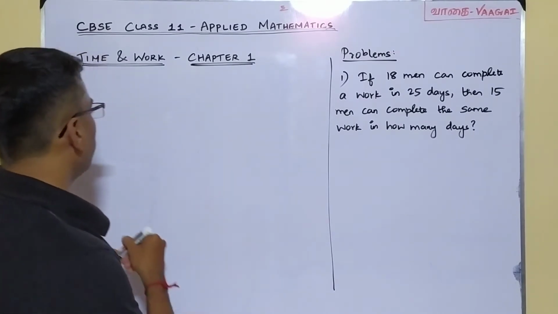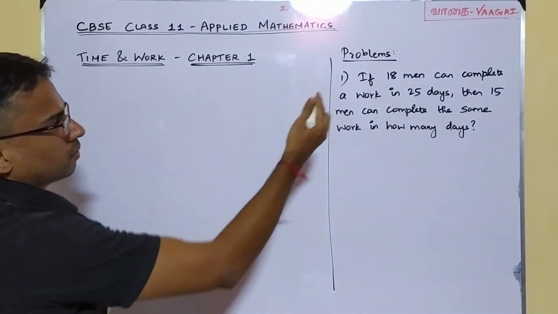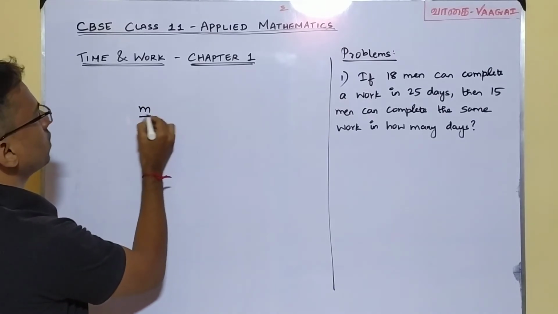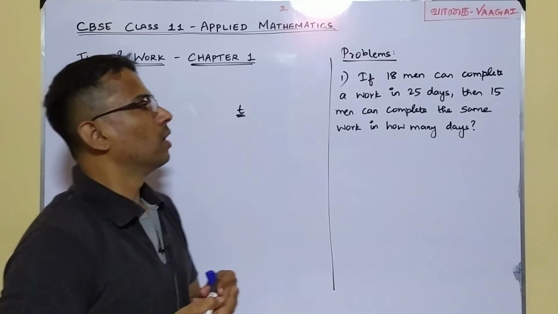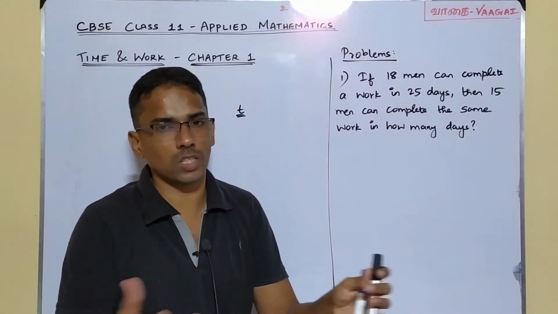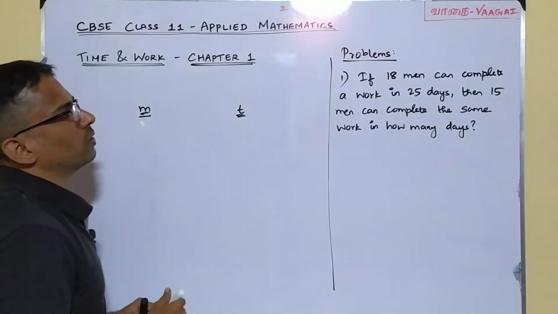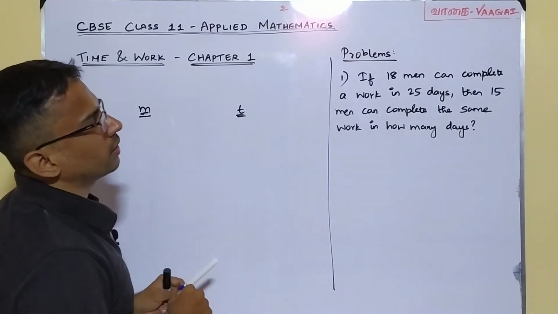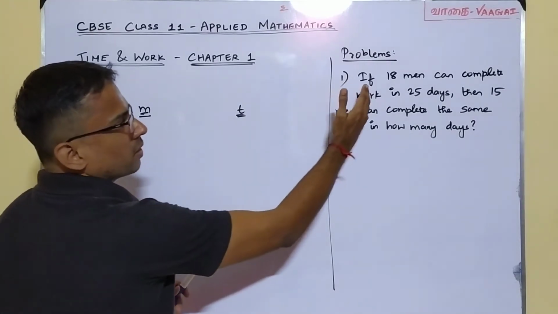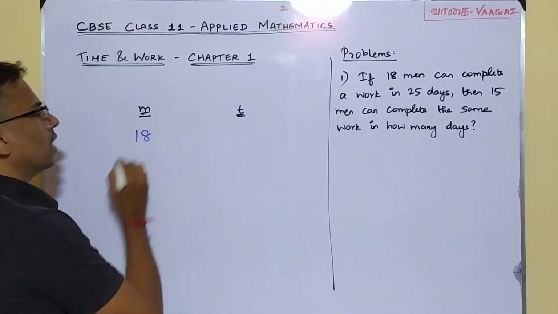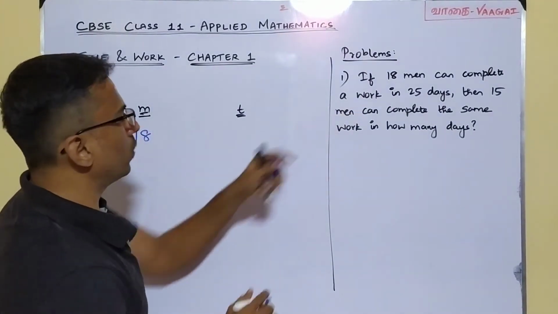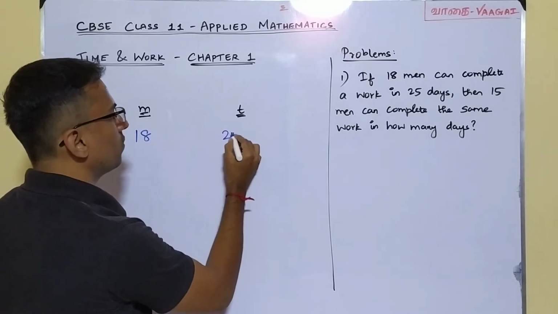So we have men and time compared here. The time is given in terms of days, that's the only thing, so no problem with that. If 18 men can complete a work in 25 days, that is a team of 18 men can complete a work in 25 days.